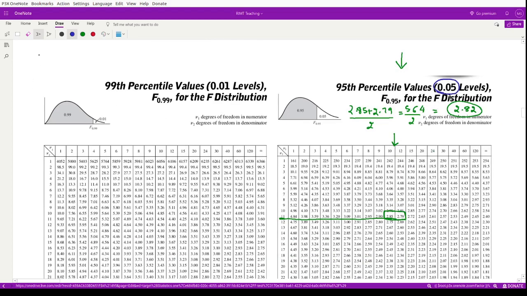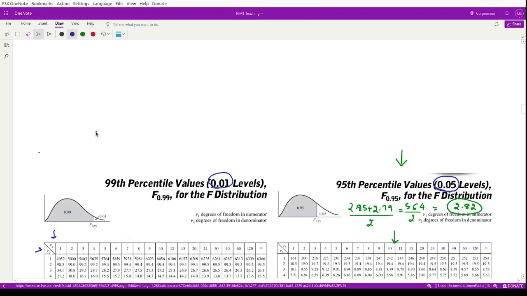For 5% level of significance there is another table, and for 1% level of significance there is another table. We may also have a table for 2% level of significance, and we may refer to that if the value is not given to us.